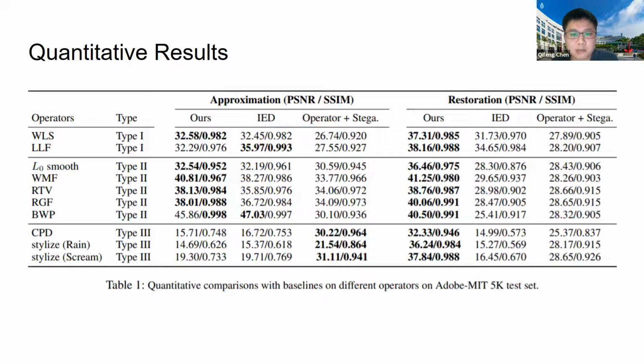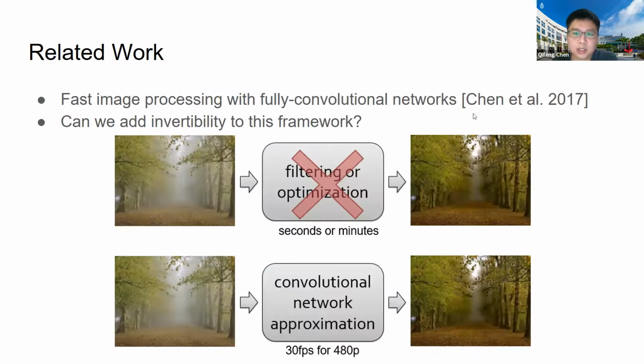And there is some way to add hyperparameters, like the degree of smoothness injected into the model, but we didn't explore this part in this work yet. But in my previous work in 2017, we have shown that this can be achieved.